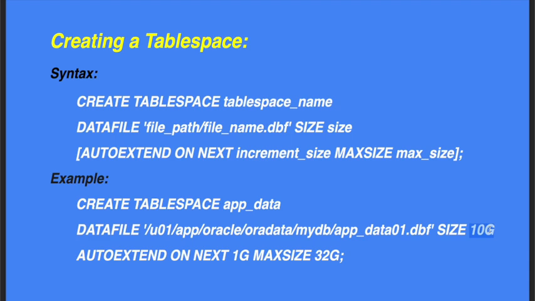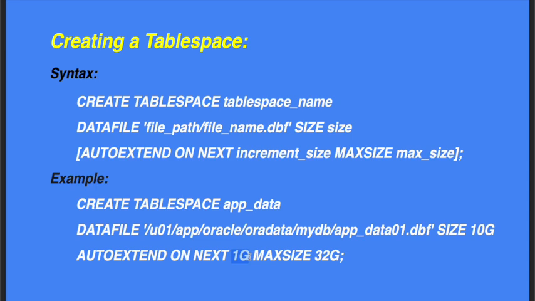Best practice is to start with 100 MB, very small, because you have the parameter autoextend on next. Autoextend on next will automatically take space when needed, when required. Also, next 1G is not a good idea. Why take 1GB immediately?